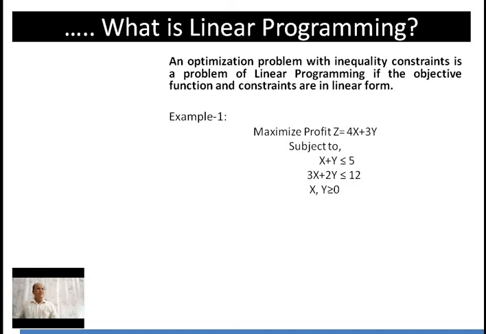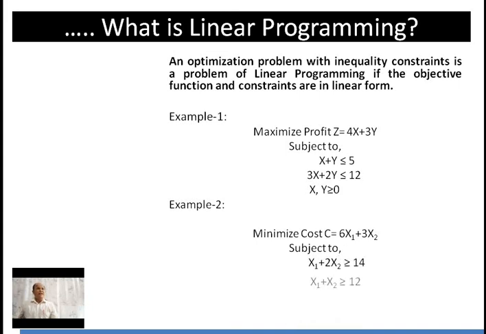For example, for a cost minimization problem, minimize cost C equal to 6x1 plus 3x2 subject to x1 plus 2x2 greater than or equal to 14, x1 plus x2 greater than or equal to 12, 3x1 plus 2x2 greater than or equal to 18.